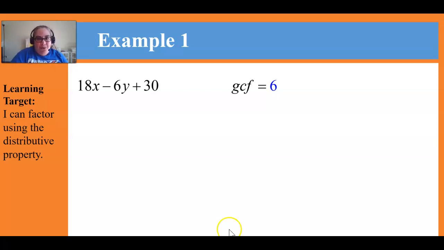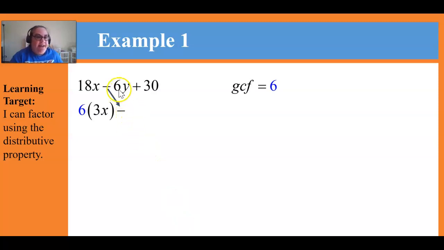So what I'm going to do next is rewrite each of these terms so that I can clearly see that 6 is a factor. So in my head, I think, what do you multiply by 6 to turn it into 18x? Well, you multiply 6 by 3x to turn it into 18x. Then we bring down that operation of subtraction.